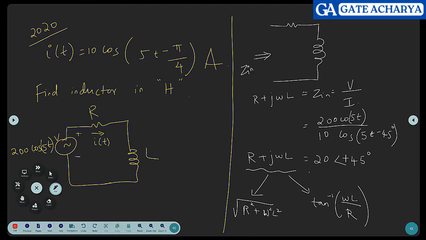You have two variables, two equations. You can solve it. Complex numbers. Tan inverse of 1 is 45 degrees. So omega L equals R.